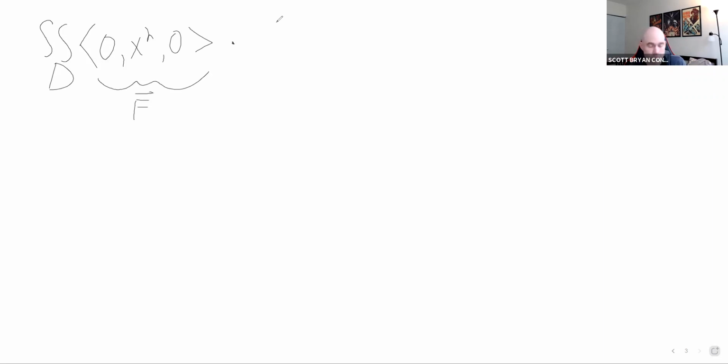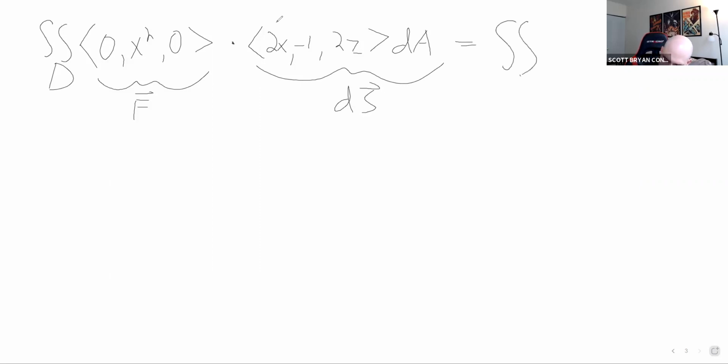So it's our vector field F with x, y, and z replaced with the parameterizations. And then our d vector s becomes 2x, negative 1, 2z, dA. And so when we take the dot product, we get 0 minus x squared plus 0. So we're just integrating negative x squared over the region D where x and z live. So now we need to figure that out.